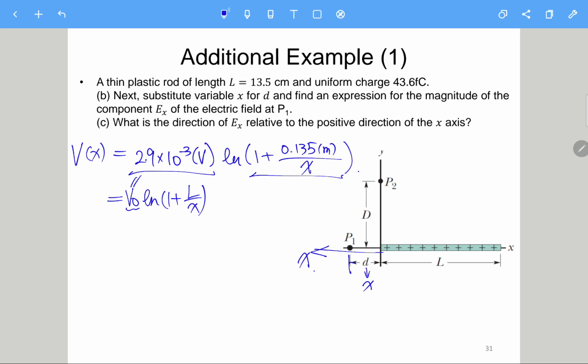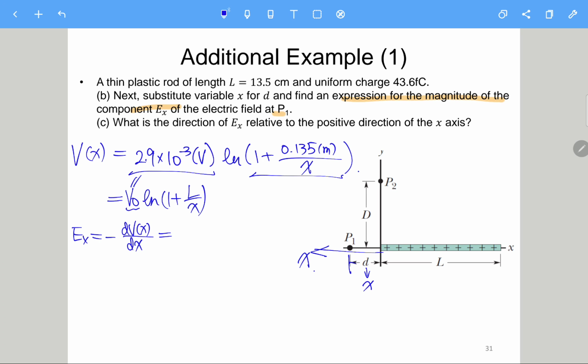So now it asks you to find the expression for the magnitude of the component Ex of the electric field at P1. So we can simply find it by taking the derivative. Ex equals minus dV of x over dx. Taking the derivative with respect to x and then taking the minus sign.